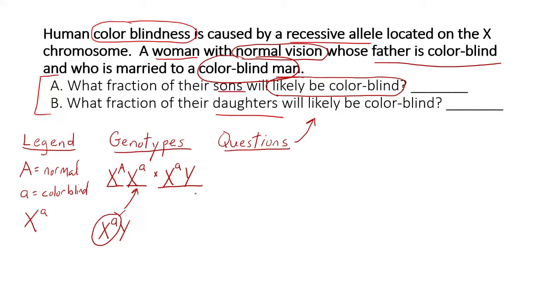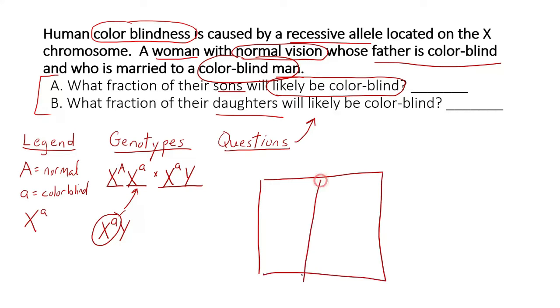Okay. So we'll do a Punnett square. Works the same as before, and figure out what fraction are likely to be colorblind and separate it for sons and daughters. So there's our Punnett square. We're going to take the woman's up here. And I'm keeping the X's with them. Otherwise, I'm going to lose track of who is who and what gender everyone is.